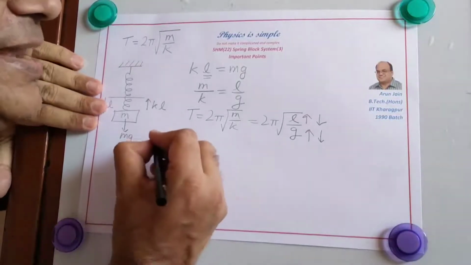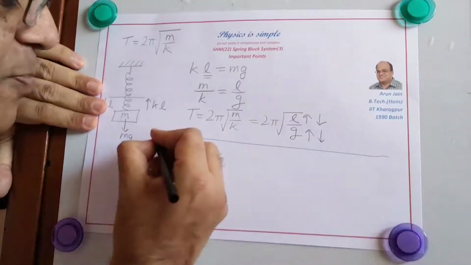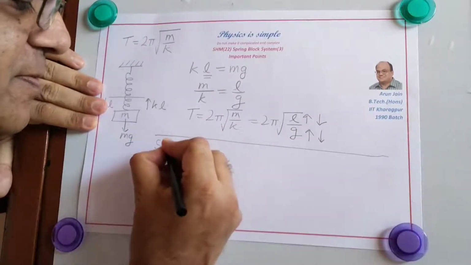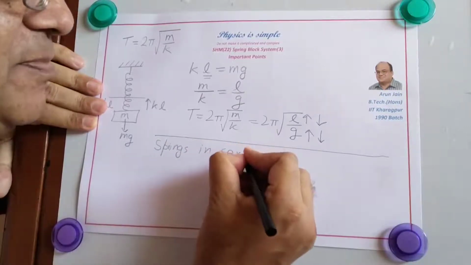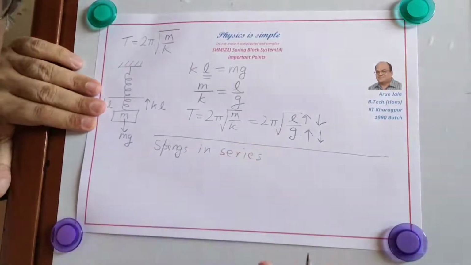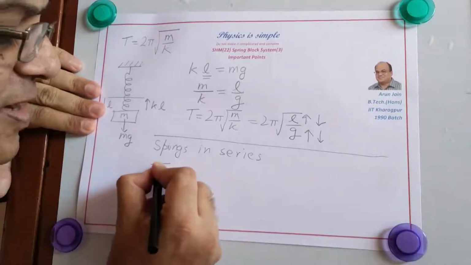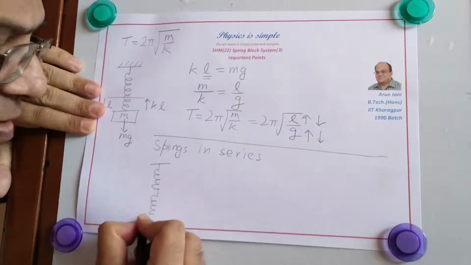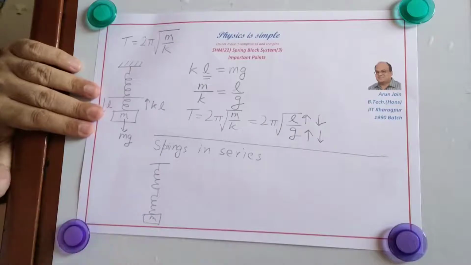Now we can connect springs in series and parallel. Suppose we connect springs in series. Then what will be same for the two springs? We are assuming that the springs are massless. So this is one spring, the other spring is connected to this, and both the springs are massless.